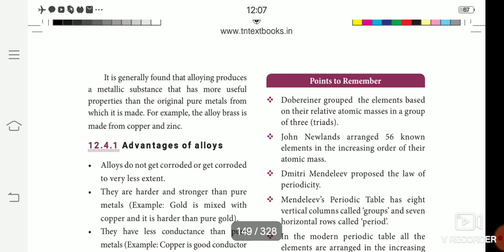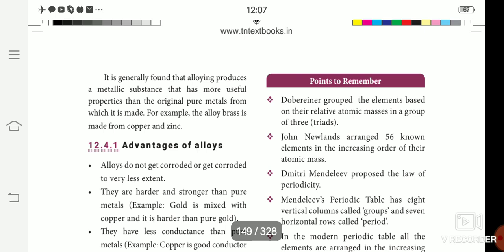In these two alloys the major metal is copper. Copper has good conductivity of heat and electricity.